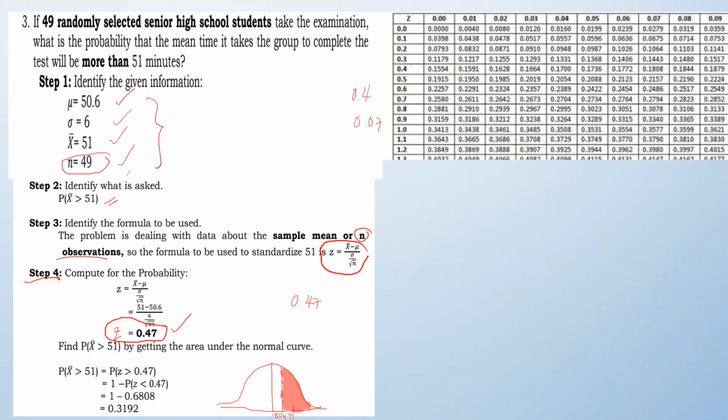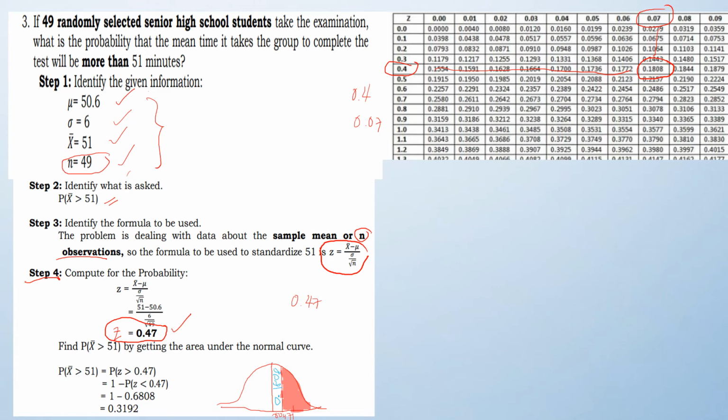Ito ay 0.4 at saka 0.07. Yan. So, ito yung 0.4. Ito yung 0.07. Hanapin natin ang intersection nila. Tsaka to, ang lalabas ay 0.1808. Again, ang area na yan ay itong part. Ang kailangan ko ay ang portion na to, itong red na to.